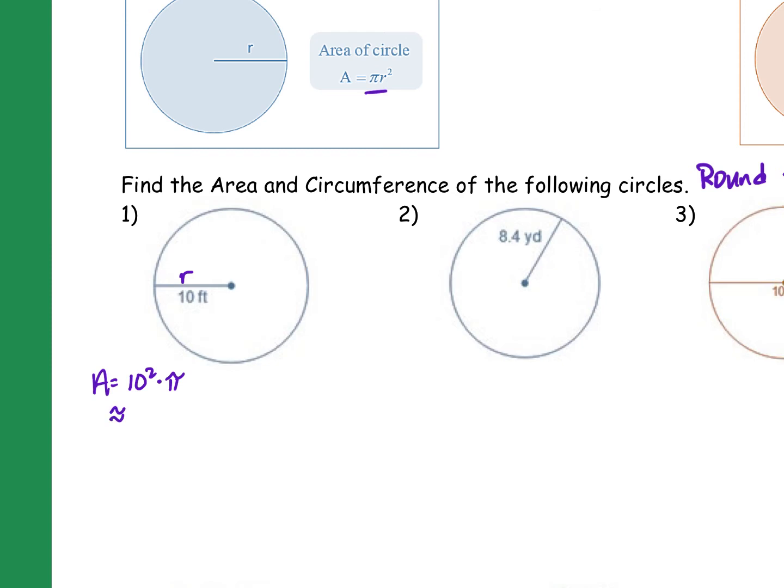And I get 314.16 feet squared. Done. That's all I have to do. All you have to do is be able to set up the equation and then put it into the calculator.